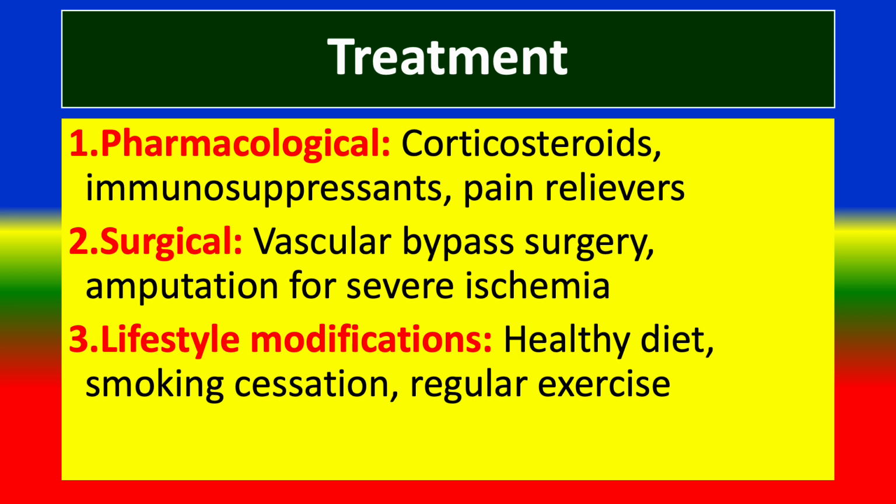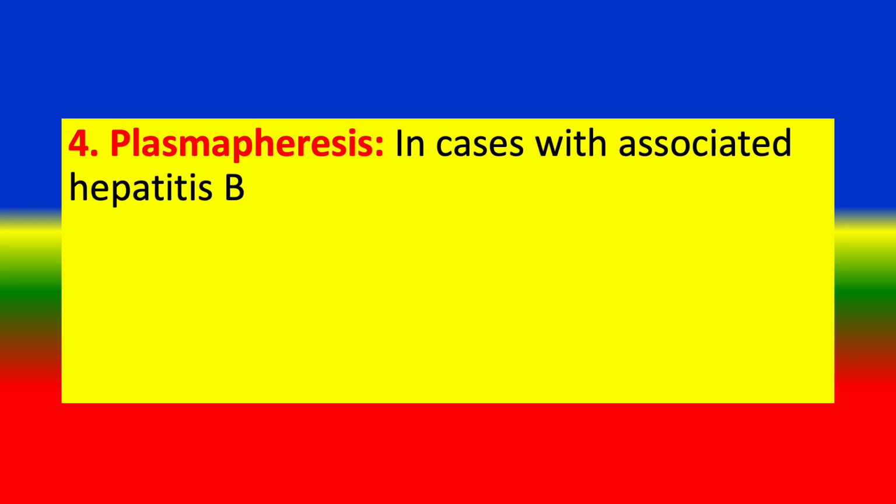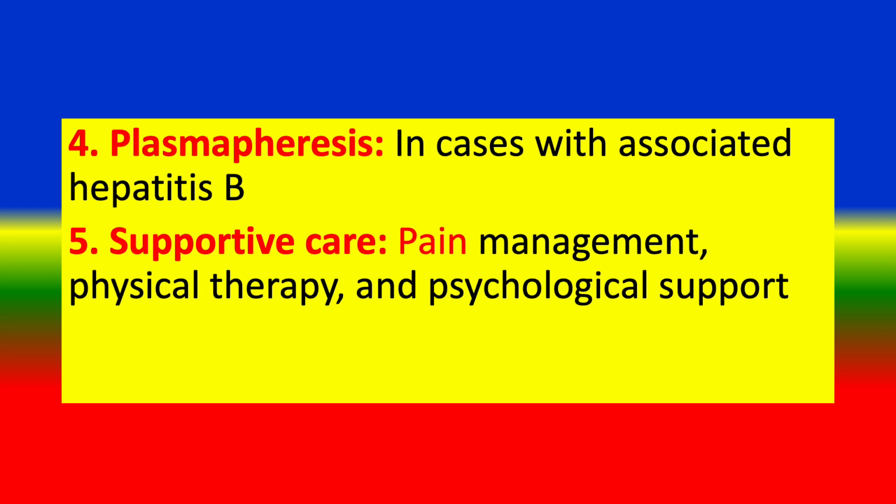Lifestyle modifications: healthy diet, smoking cessation, regular exercise. 4. Plasmapheresis in cases with associated hepatitis B. 5. Supportive care: pain management, physical therapy and psychological support.